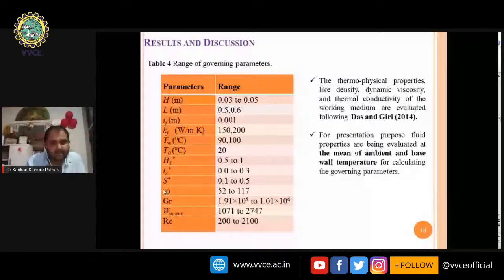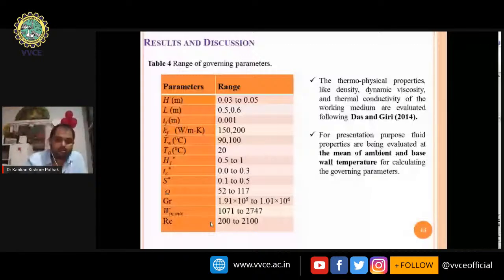And Reynolds number is around 200 to 2100. The various thermophysical properties like density, dynamic viscosity, and thermal conductivity of the working media are evaluated in this enquiry. For presentation purposes, the fluid properties are evaluated at the mean of the ambient and base temperature bounding parameters.